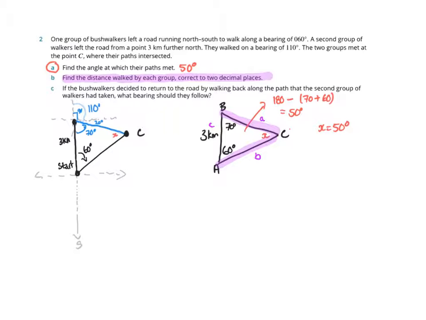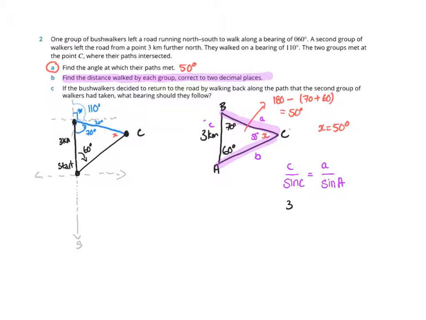I've got to find little a and little b. Now remember, we know this is 50 degrees now. I might use the sine rule to find them, because I have both pieces of data for C. So I'm going to say c over sine C equals, and I'm going to find a over sine A. I'll do that first.